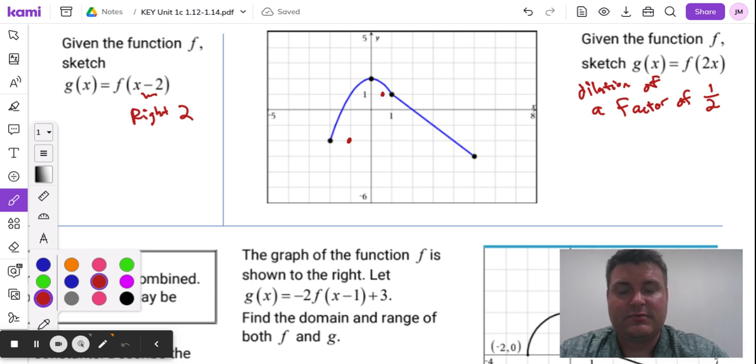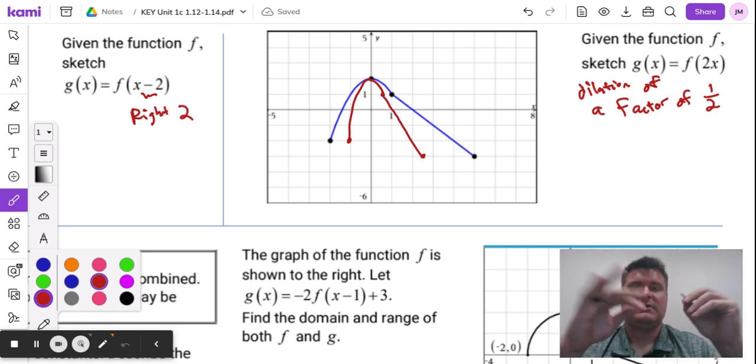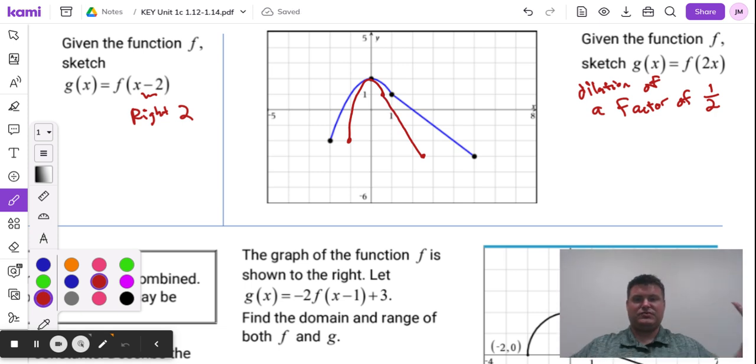This one becomes a 1/2, and this one, which is out here, 1, 2, 3, 4, 5, is going to be 2.5. Okay. If you notice, the one that's on 0, nothing happened to it. I think that change there was the input. So we just really got tighter towards the y-axis. Okay.